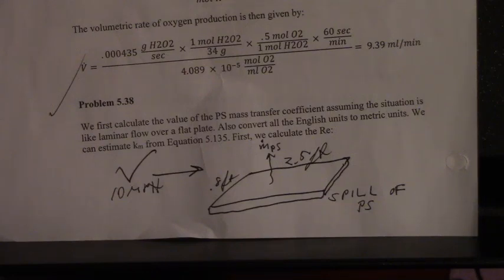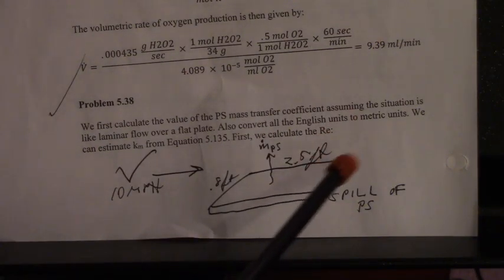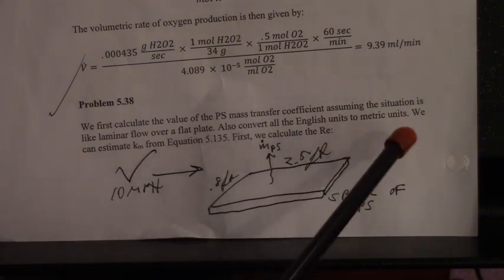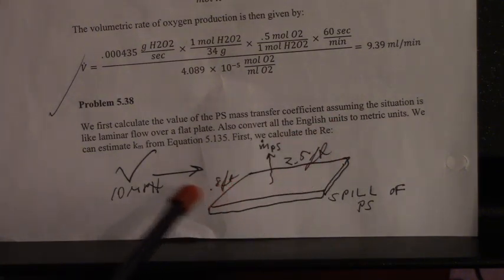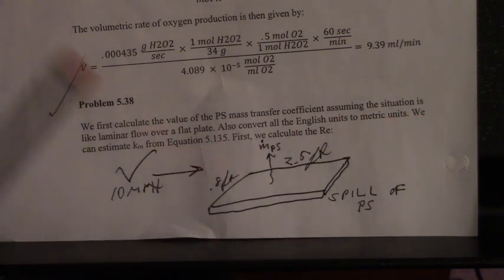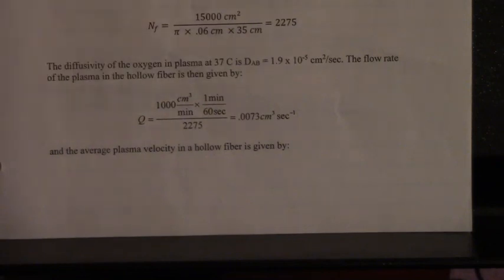And we're given a lot of English units in this problem, so one of the things you'll want to do is convert these into metric units, and we'll estimate the value of Km from equation 5135, assuming that we have laminar boundary layer flow over that flat surface.